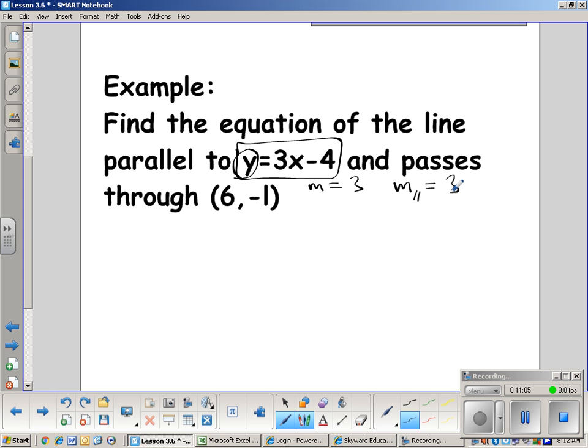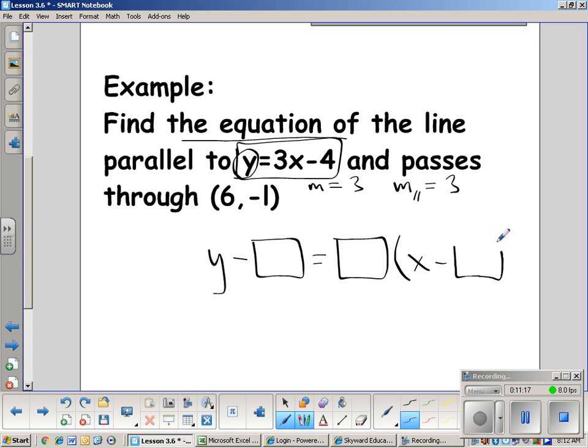Now they don't just want to know the slope, they want us to write an equation. And so remember, to write an equation, I always go back to this method, this form. Anybody remember the name of this form? Point slope. Point slope, nice. And what goes in this first box? Y1. What goes in the second box? X1. M. What goes in the third box? X1.